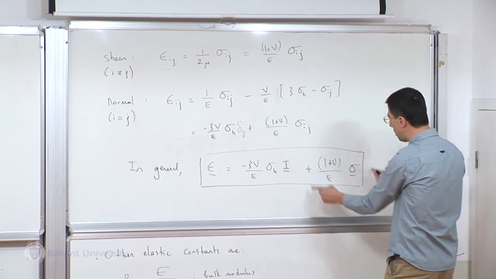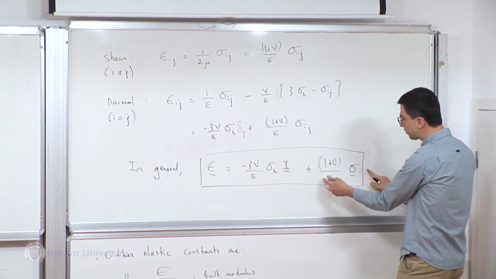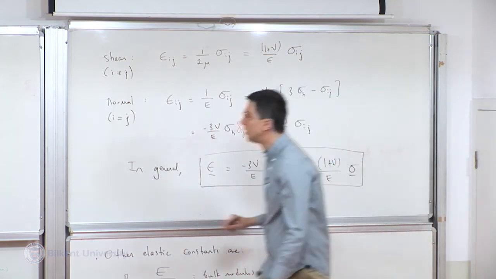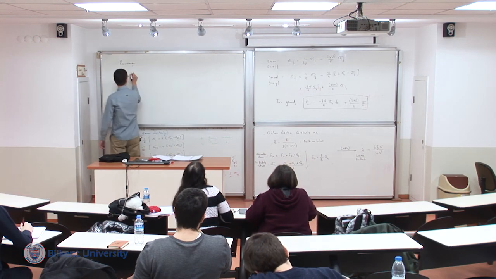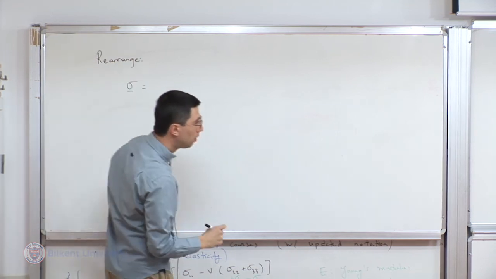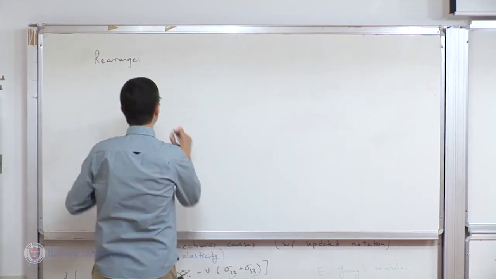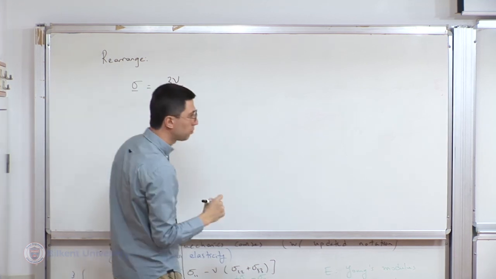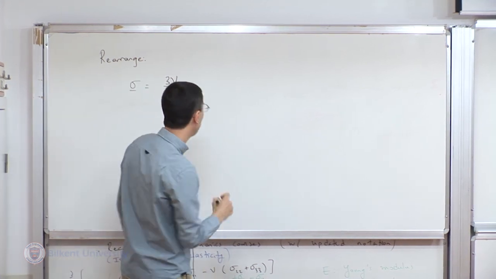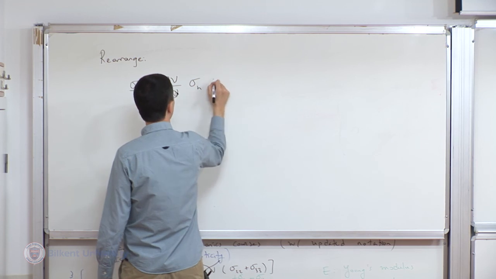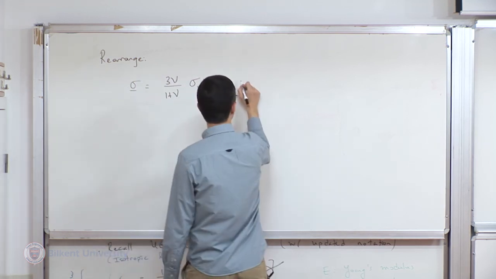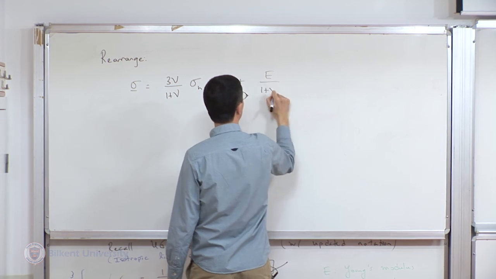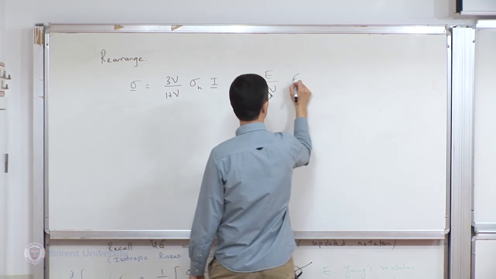So sigma is now left by itself. And then I have to multiply both sides by E over 1 plus nu. That's what I do. Okay, so stress is equal to 3 nu over 1 plus nu, right? I multiply with E over 1 plus nu, sigma h, identity, plus E over 1 plus nu, epsilon.